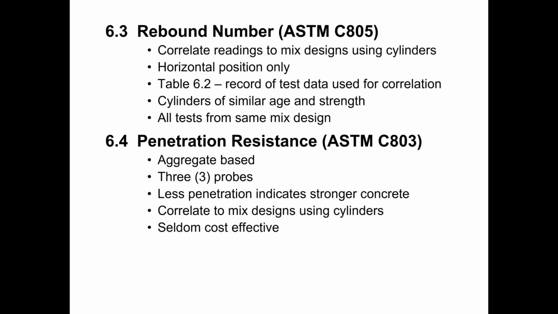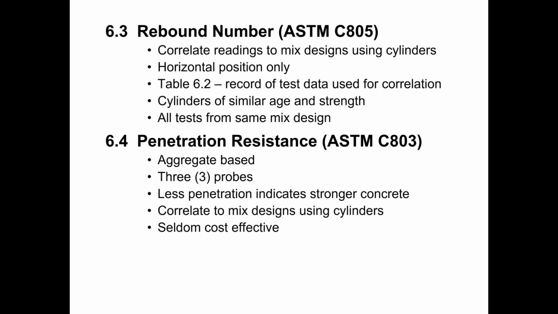As that steel pin is released and it hits the concrete and bounces off, the amount of energy that's reflected back into the pin is indicated on the gauge. The more energy that's reflected back into the pin, that's indicative of a harder concrete, and so we get the indication of a higher concrete strength. With a low concrete strength, that energy is going to predominantly be absorbed by the concrete, not reflected back, and so we're going to get a low rebound number.